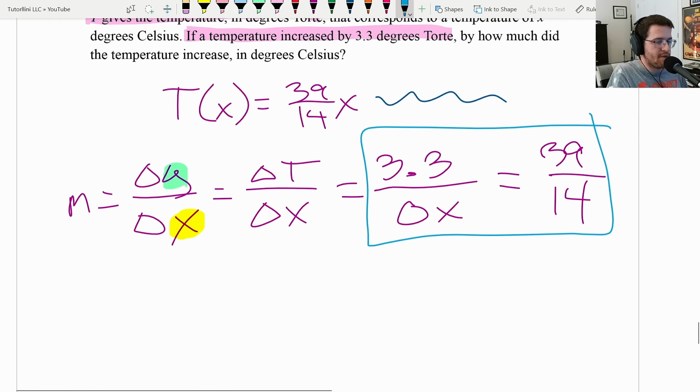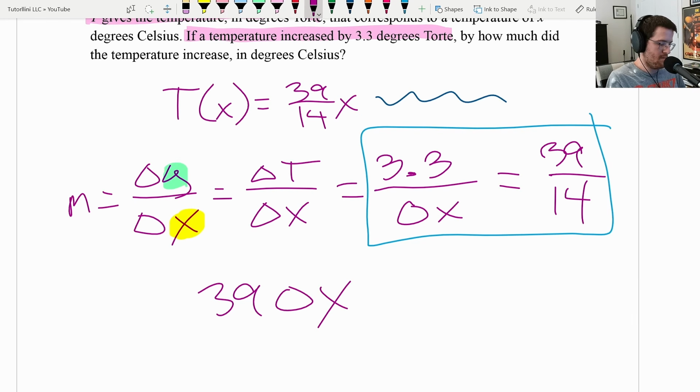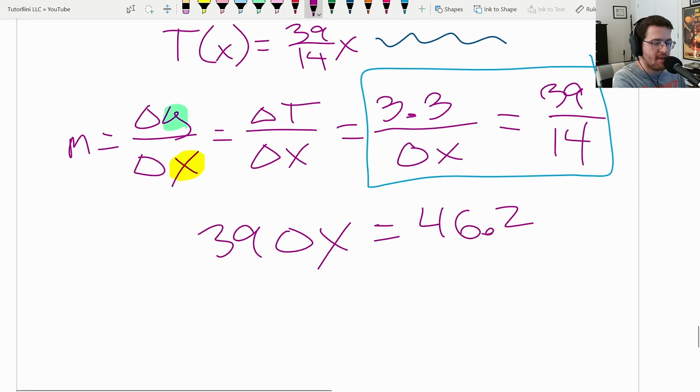So what we're going to do is we're going to cross multiply and divide. Cross multiply. So 3.3 times 14. So we get 39 times delta x equals 3.3 times 14. That's 46.2. I divide both sides by 39.